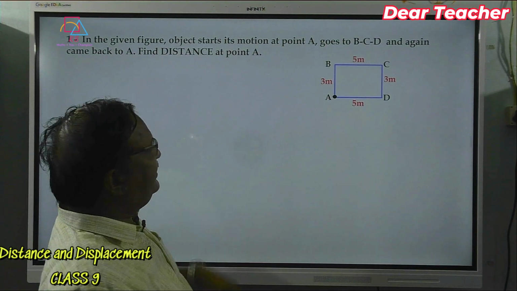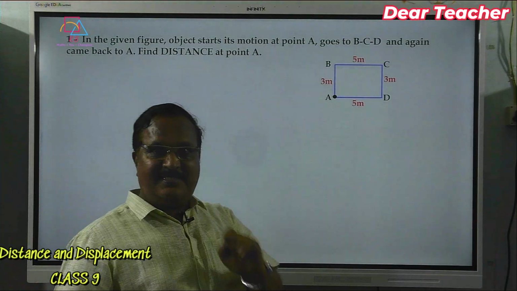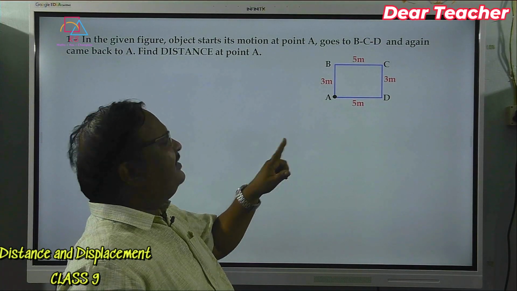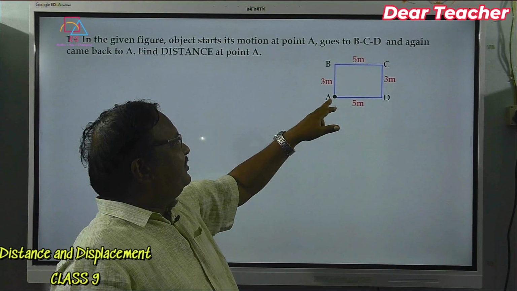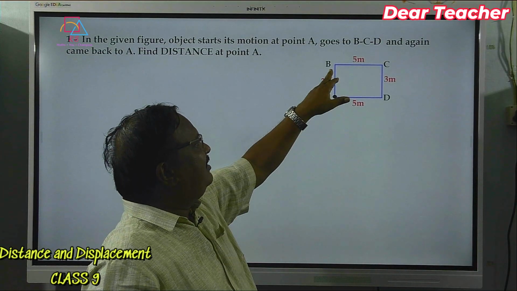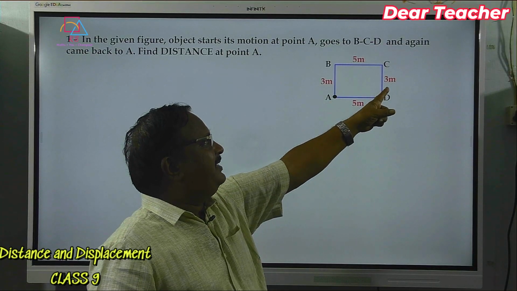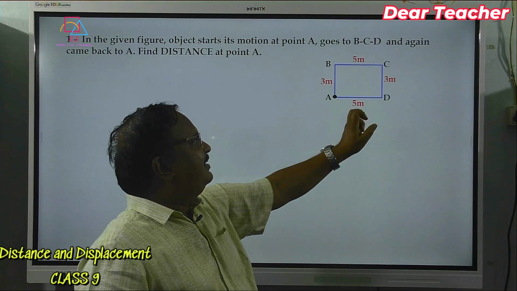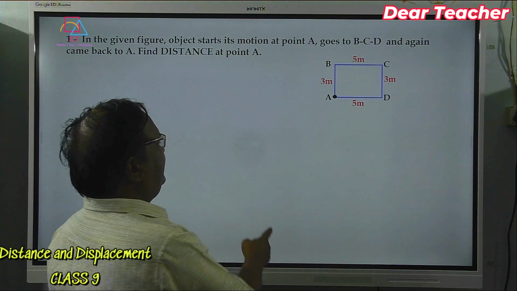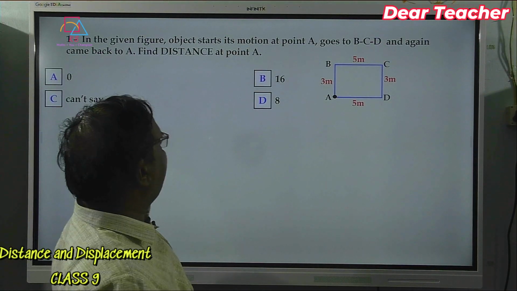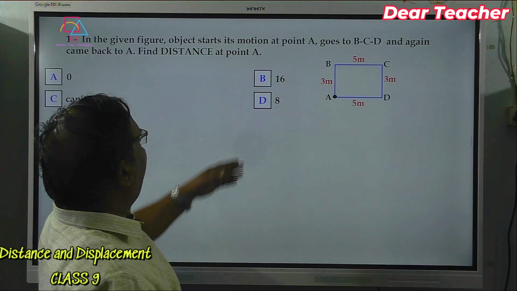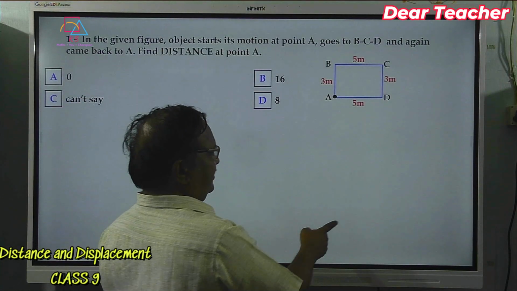Find the distance and also the displacement. For distance, it traveled 3 meters plus 5 meters, 8 meters, plus 3, 11 meters, and plus 5, 16 meters. So the distance is 16 meters. So 16 is the correct answer.